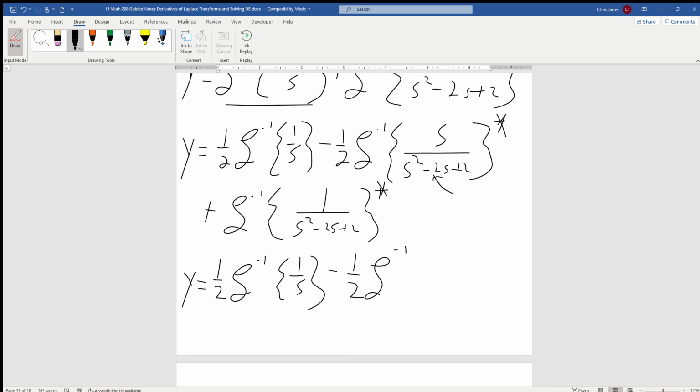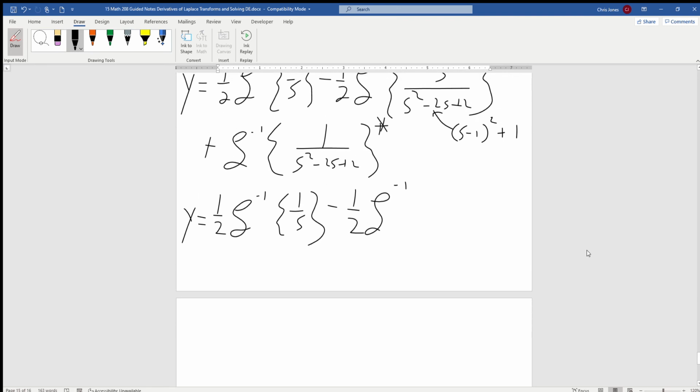Remember earlier that we had that this was (s minus 1) squared plus 1, and I'm going to go through and do that just to make sure we all understand how to get that. But we could rewrite that as s squared minus 2s plus 1 instead of that plus 2, which is the same thing as (s minus 1) squared plus 1.